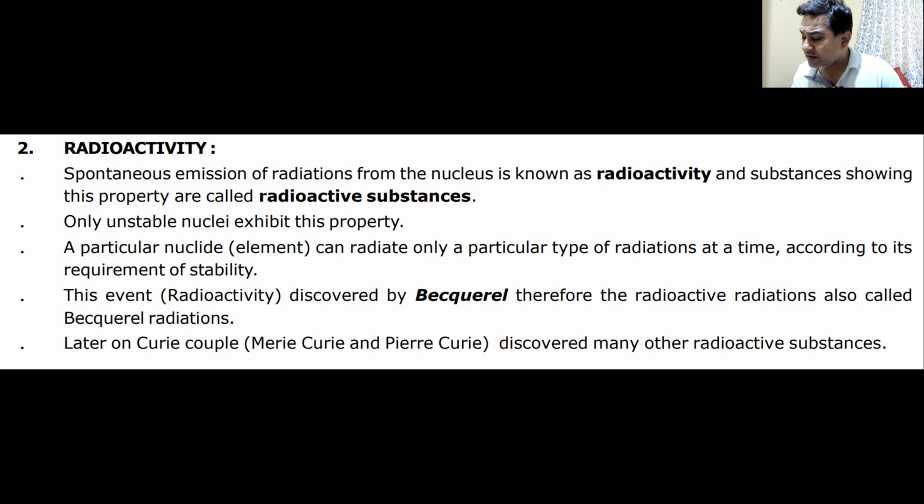Why does this emission of energy occur? We will be doing this in great detail when we get to the nuclear physics chapter, but we are doing radioactivity before that.